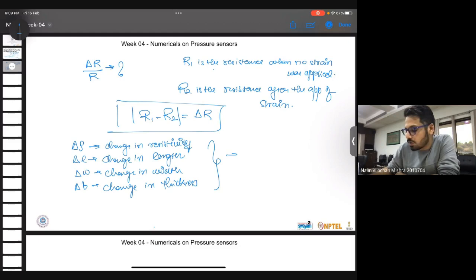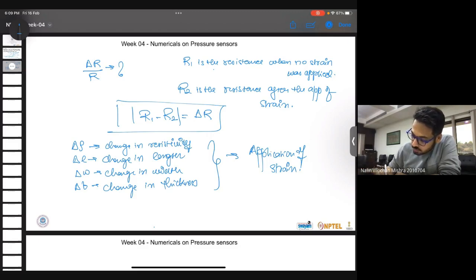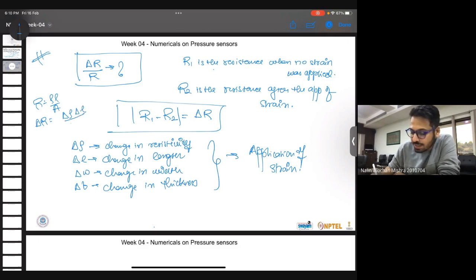So these things happen because of the application of strain. So what you need to do is calculate this value, change in R by R, where you know the formula for R, it's rho L by A, and change in R can be written in terms of change in rho, change in L, change in A, which is change in W and change in T. So you need to find the ratio.